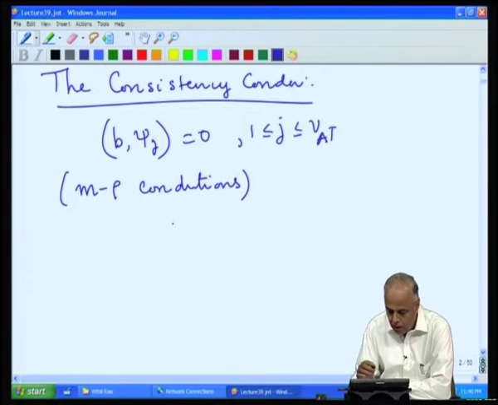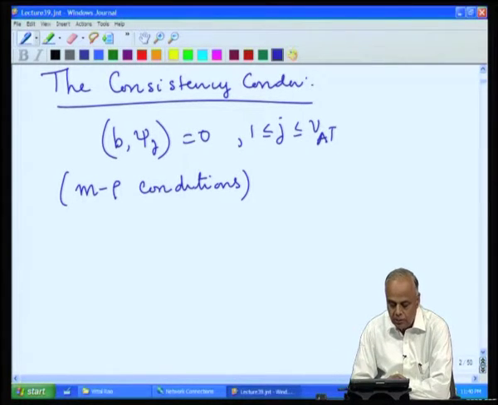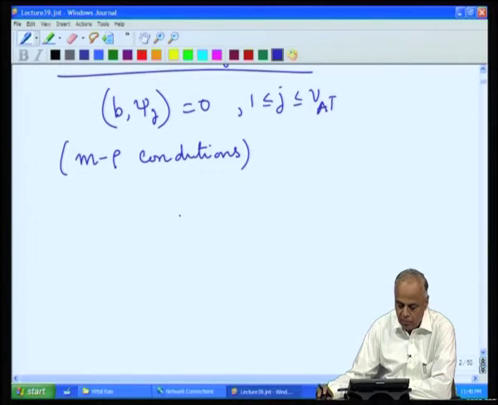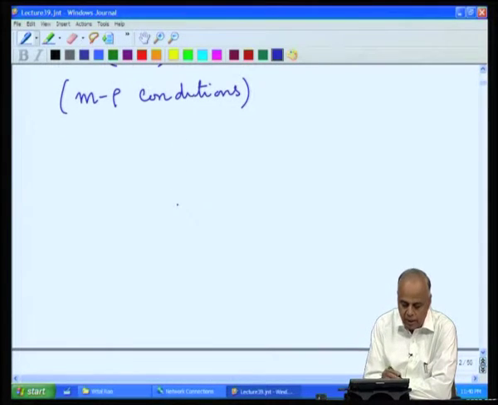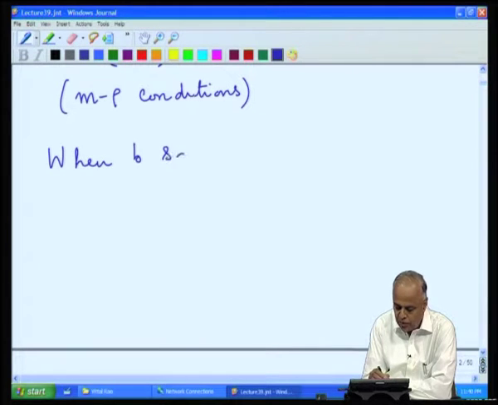So, there are m minus rho conditions that b has to satisfy. Then we looked at the case when b satisfies these conditions.